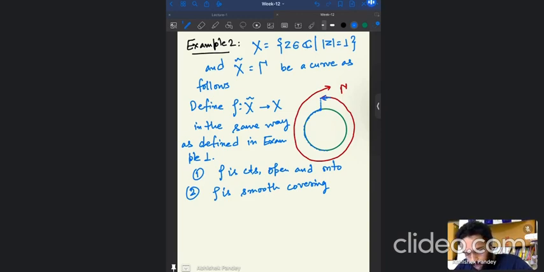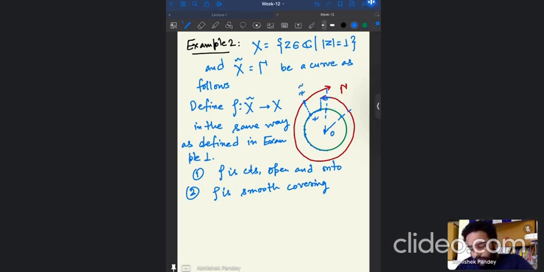If I take this arc, so here is your origin. This will be the image here, any point x tilde to x.